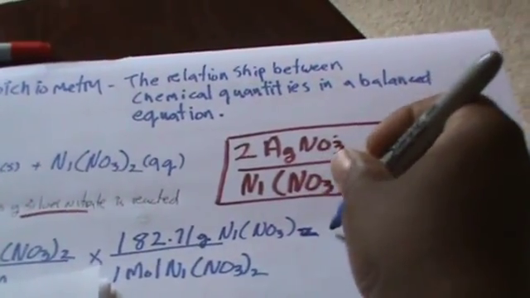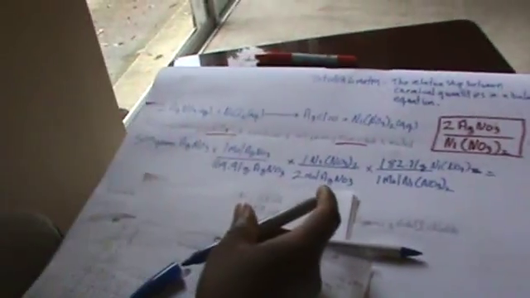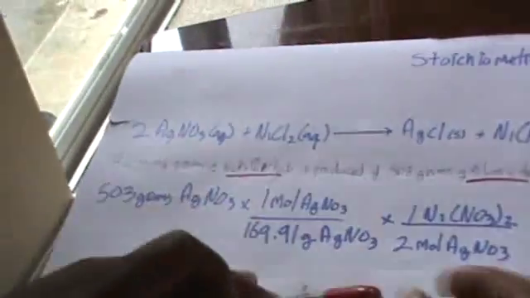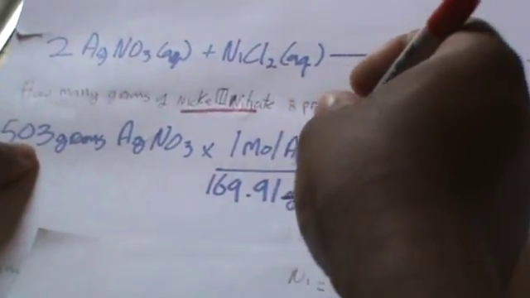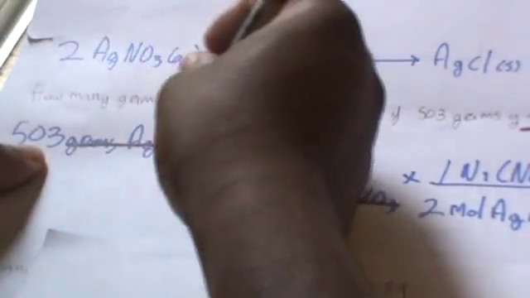That's a 2. Alright, so now we're ready. This is what we're going to do with what we have so far. We've set this up in a dimensional analysis kind of way. We have grams of AgNO3 and grams of AgNO3 here, so they can eliminate each other.